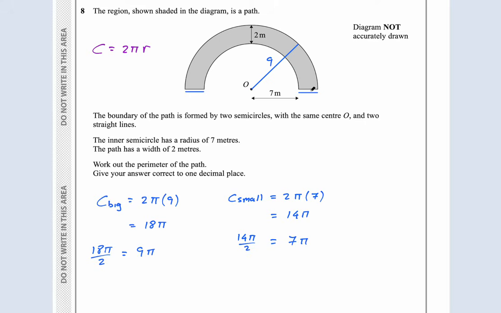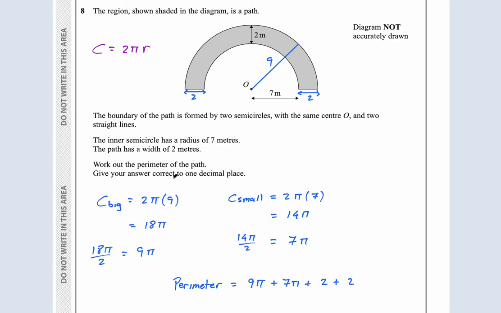But we know this length, it's 2, because this length is 2 here. So the perimeter equals 9 pi plus 7 pi plus 2 plus 2.